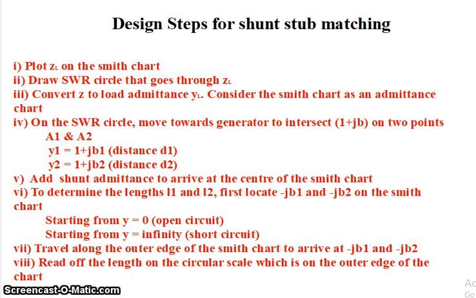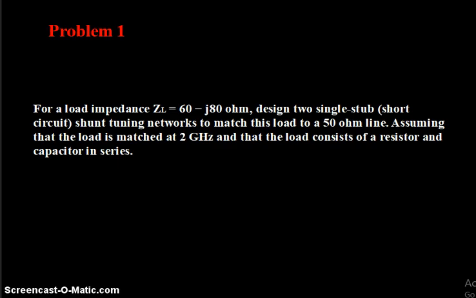These are the design steps for obtaining D and L of a network. Now we are going to follow these steps with the help of a problem. The problem is, for a load impedance ZL equal to 60 minus j80 ohm, design two single step short circuit shunt tuning networks to match this load to a 50 ohm line.